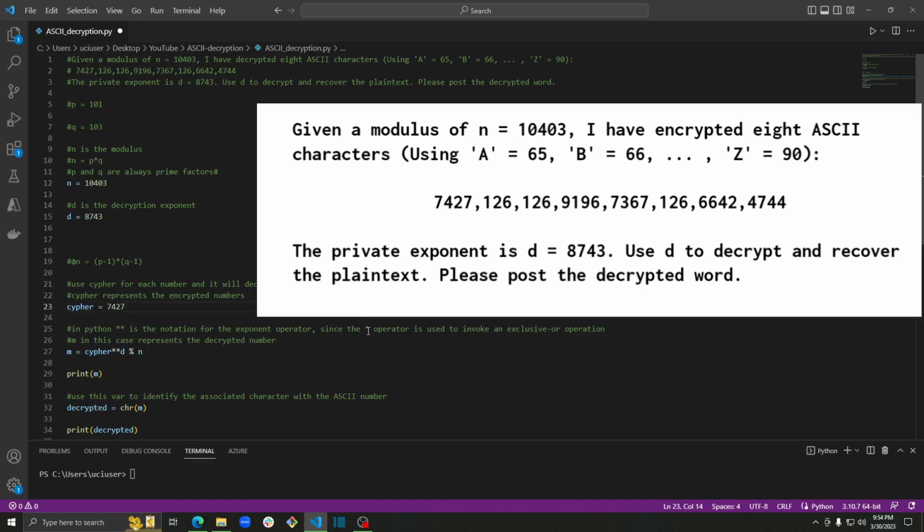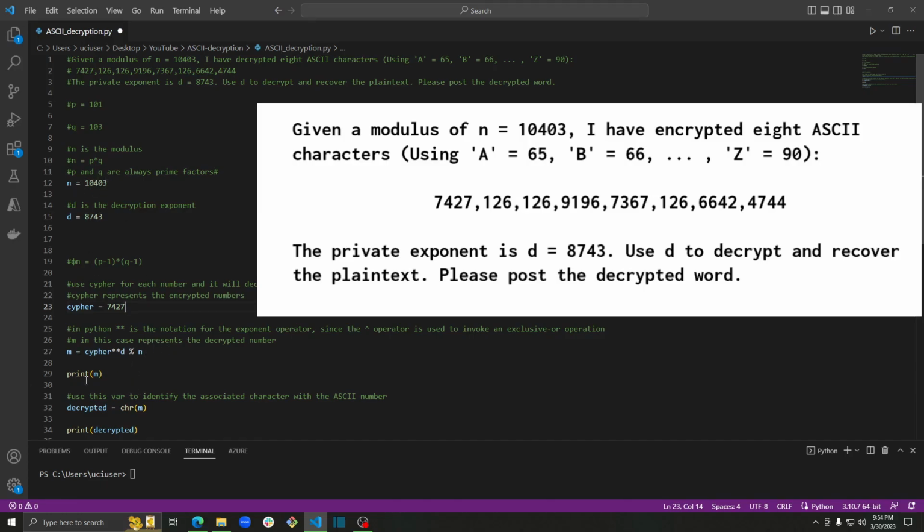In Python, the caret operator is actually used to invoke an exclusive OR operation. It's not super important for this video, but we are doing the cipher value, in this case 7,427, to the power of D, which in this case is 8,743. Okay, then we're going to do mod, which is represented by the percentage symbol, and then the value of N, which we were given earlier.